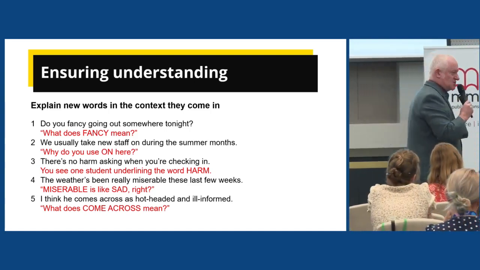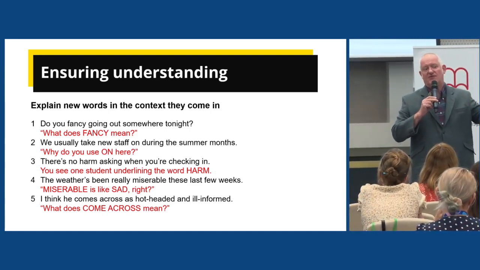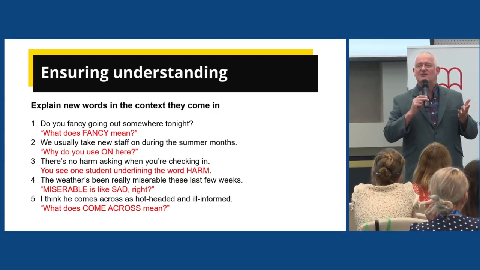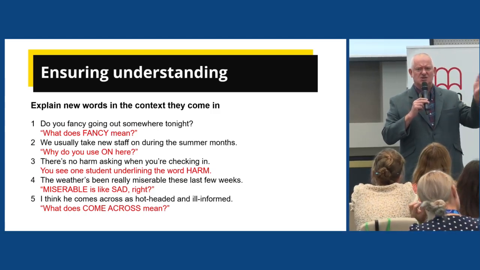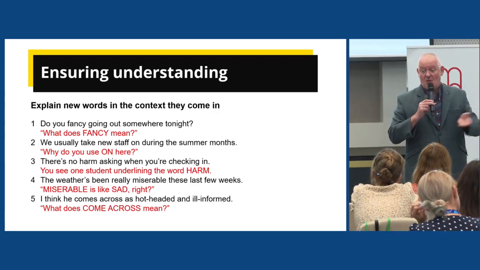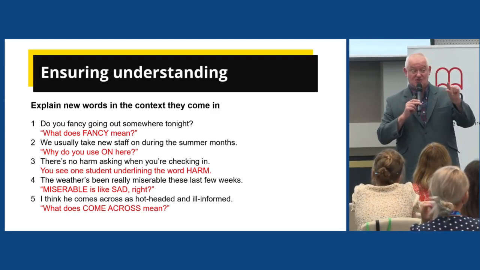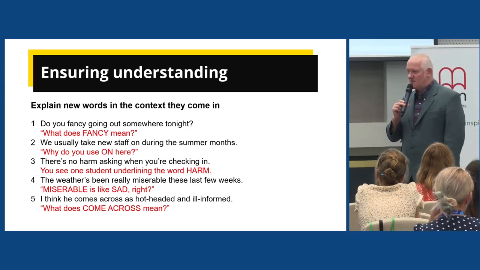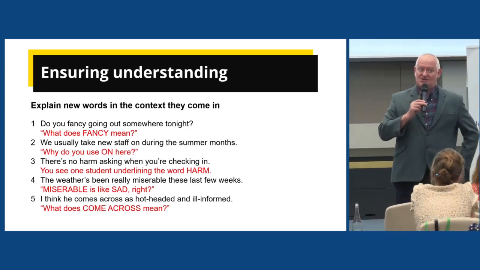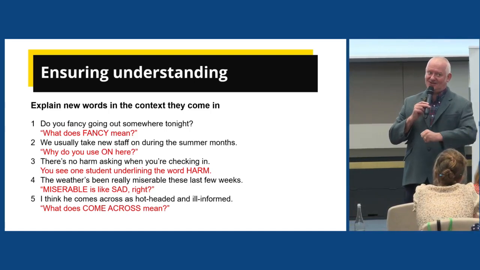The miserable one was interesting because about 2 weeks before this, he's been feeling pretty miserable since his divorce, okay? Where miserable means sad. So immediately, when the student saw this sentence, the weather's been pretty miserable here, miserable's like sad, right? I remembered something, teacher.